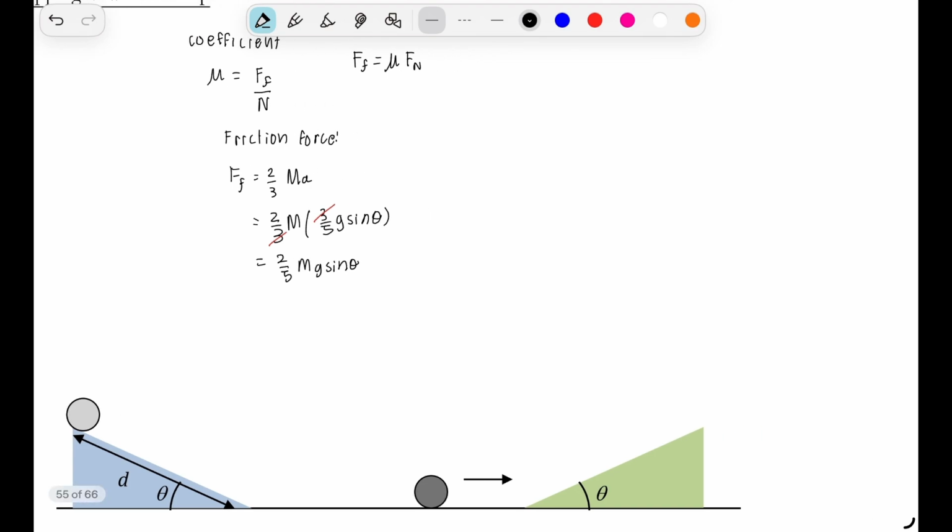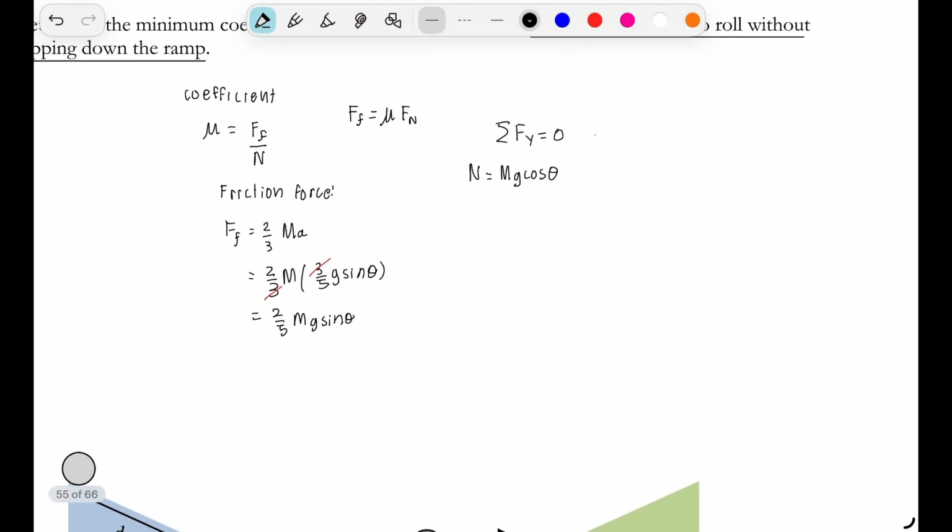Now, in order to find your normal force, you know your normal force is equal to mg cosine of theta. The reason is because the sum of forces in y equals 0, and there is no vertical acceleration, because the mass is not sliding through the hill, it's rolling down the hill.